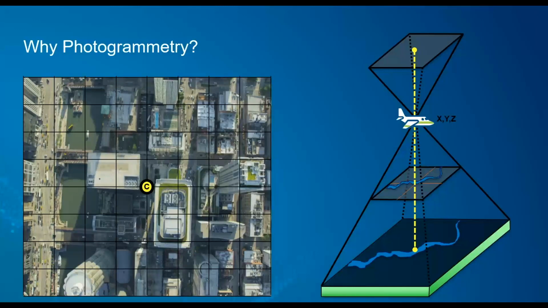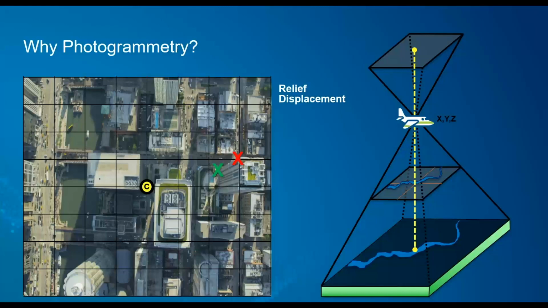So let's go ahead and throw a grid over this aerial photo. The C stands for the center point of that image. Now, if you look closely, you're going to see some issues here. The building right near that center point, it's straight down. It's located right where it should be. But if you look at that building off to the side, you'll notice that the top corner of the building is at a different location than the bottom corner of that building.